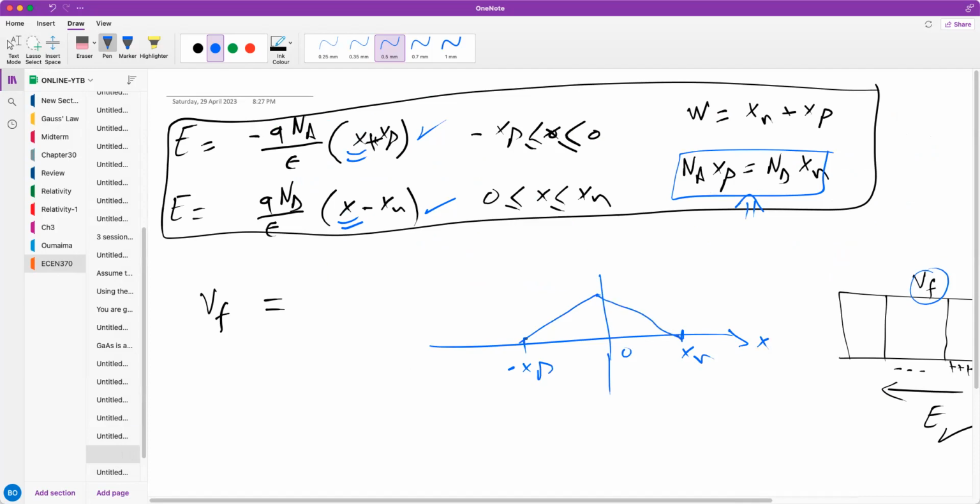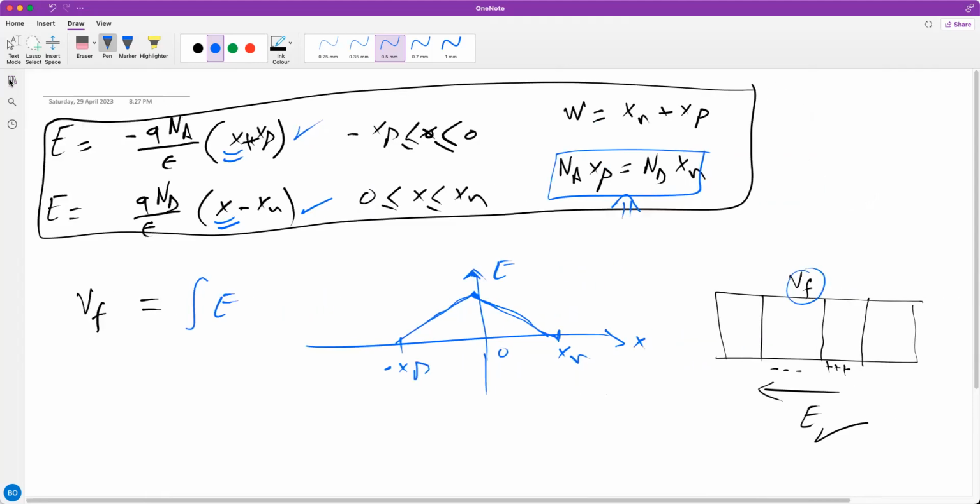The electric field will go linearly, and then will go down linearly. So you cannot use this direct relationship. You have to integrate E. Do you agree? Do you see the problem?